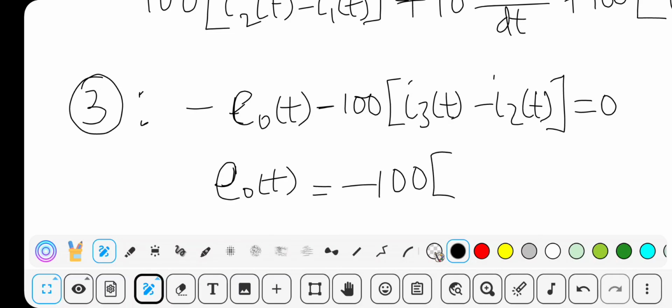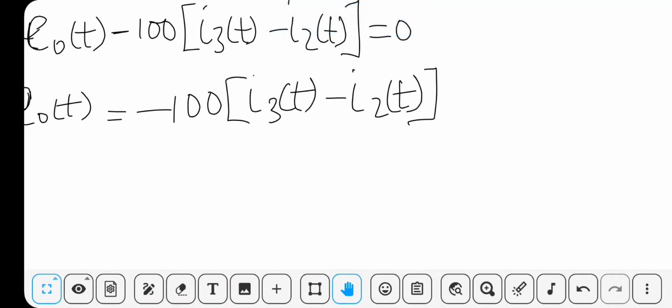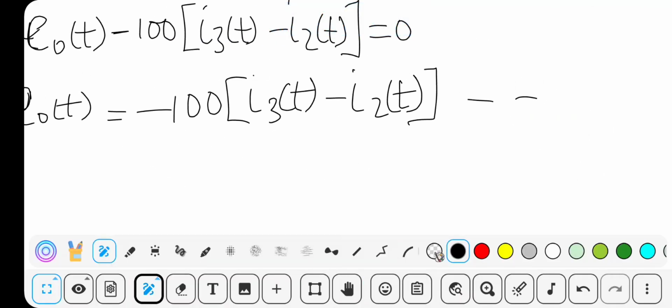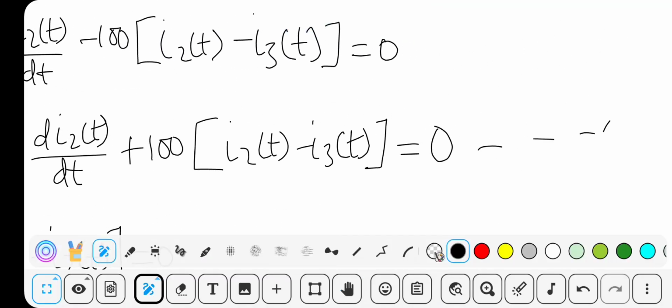Making the subject, this is what you have. Call this equation 3 and call the previous one equation 2.